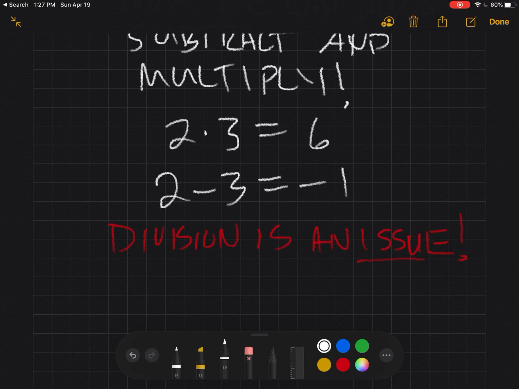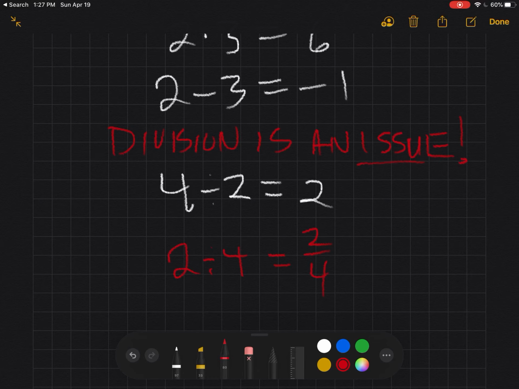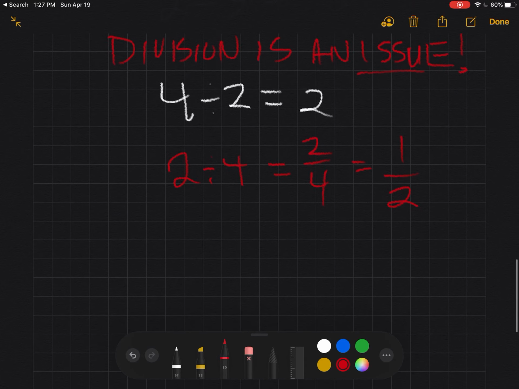Right? But we do have a problem. Division is an issue. So if I wanted to divide some numbers, 4 divided by 2, that would give me 2, and that would be okay.